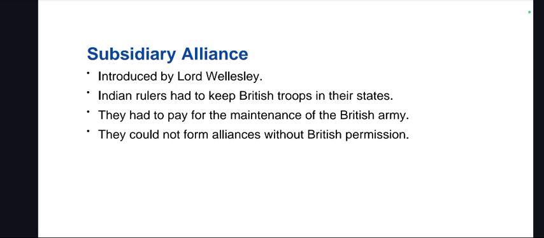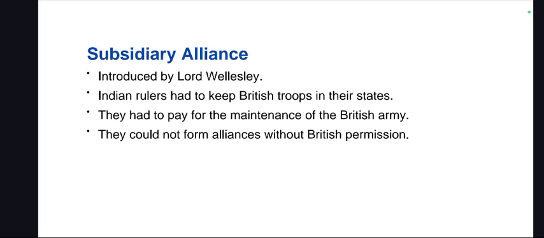Subsidiary alliance is a policy introduced by Lord Wellesley. Indian rulers had to keep British troops in their states, and they had to pay the maintenance and expenses to the British army, and they could not form alliances without British permission.